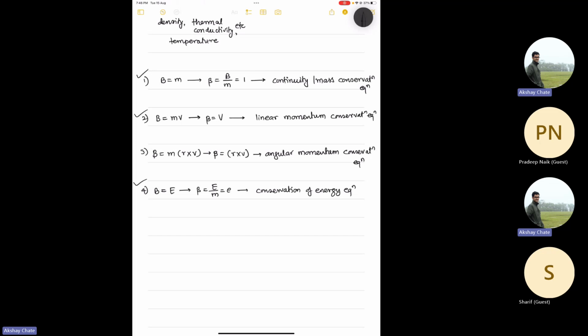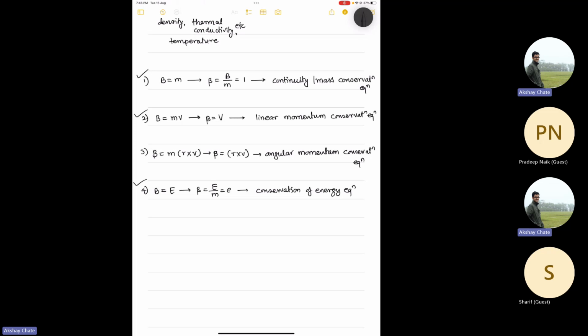I think he was able to answer, but the point I'm trying to make here is that this is not that simple a concept. Maybe you can appreciate it later, but basically it is easy for understanding or easy for generalization. That is why intensive properties are used.